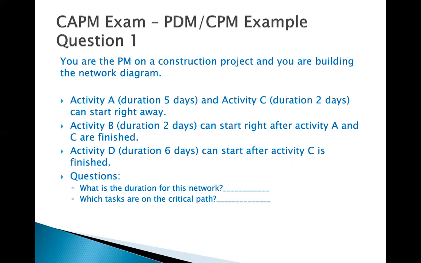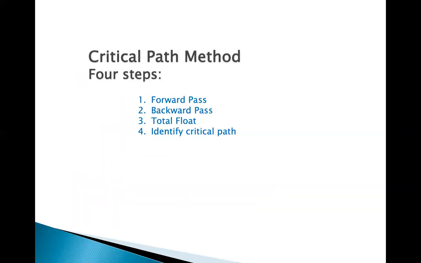Activity A and activity C don't have any predecessors. However, activity B cannot start until activity A and C are finished. And activity D can start after activity C is finished. So this is the diagram that we are looking for right now.